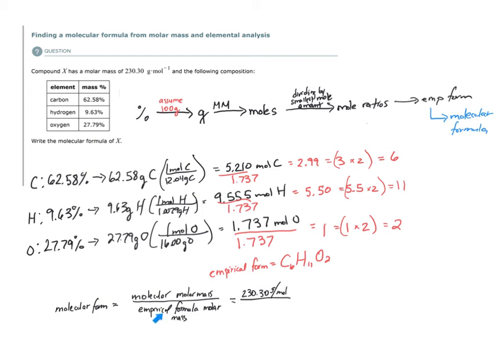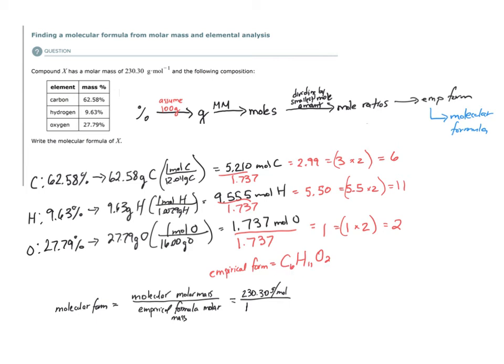The empirical formula molar mass is the molar mass from the empirical formula. So if I take 12.011 times 6, add it to 1.0079 times 11, and add that to 16 times 2, I will have the molar mass of this empirical formula.